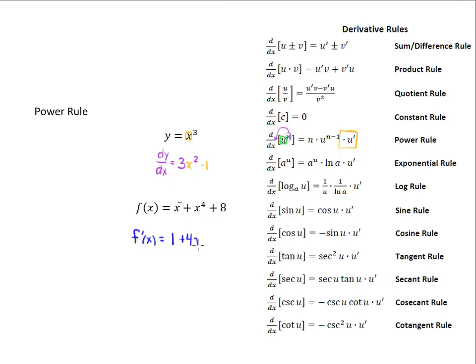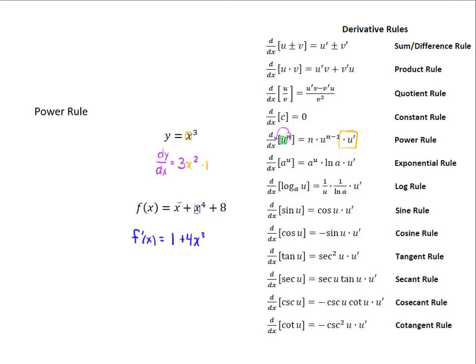I leave the base just the way it is. I lower the exponent by 1. And I technically times it by the derivative of the base, which is also 1. So 4x cubed times 1 is just 4x cubed. And then I take the derivative of this last term. Well, it's a constant term, it's just 8. So the derivative of a constant is 0. So this is the derivative of that.